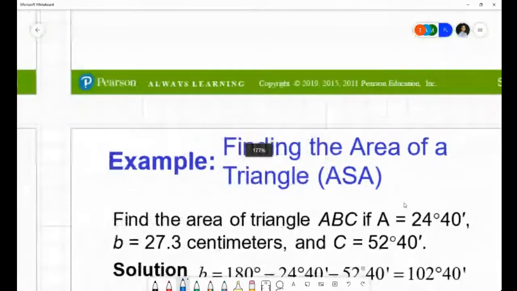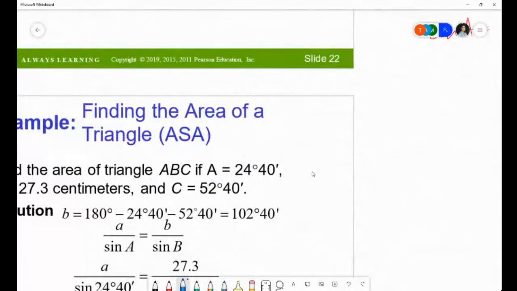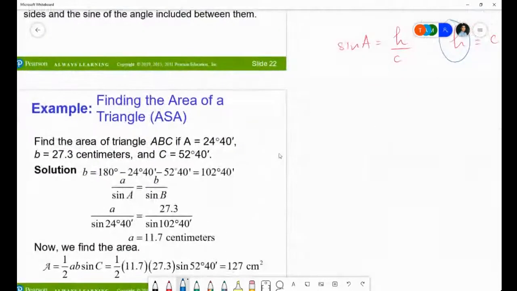Okay, so let's do this one. First, you always want to draw it out first.